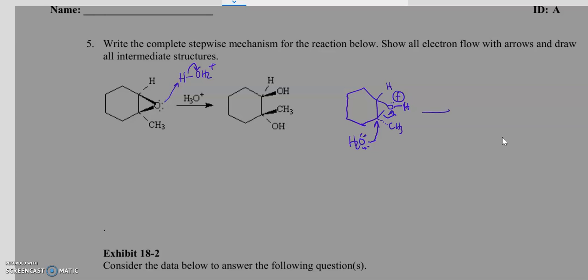Okay. So we'll have our cyclohexane ring here, and then we're going to attach the hydroxide, unlike the epoxide. Oxygen is going to be right here, and then we're going to have the methyl on the top of that, where we have OH.